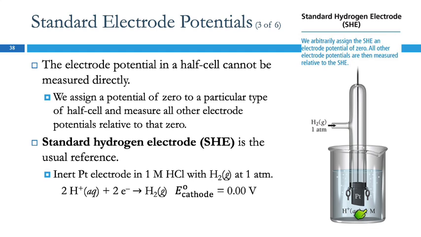And so here we have 1 molar H plus ions in the solution, in the presence of 1 atmosphere of hydrogen gas. We need an inert electrode here to attach a wire to so that we can have the transfer, because these things are both not solids. Any questions?